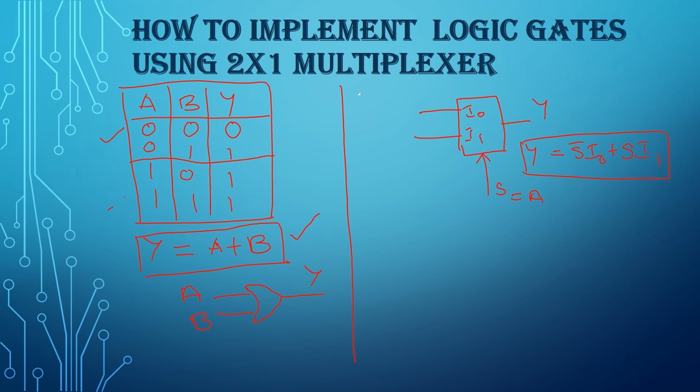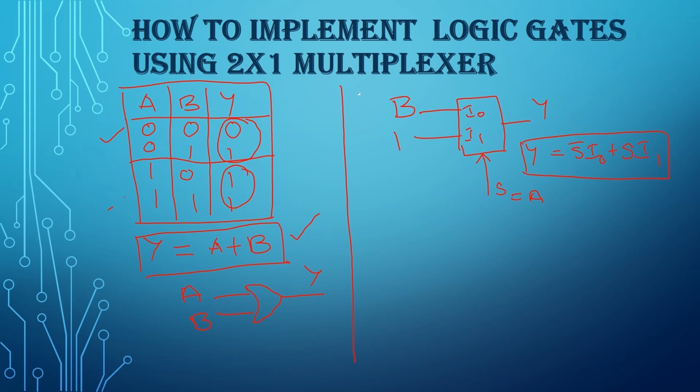When A is equal to 0, the output is the same as input B, so I am giving B to the input I0. When A is equal to 1, the output is also 1, so here I am giving logic 1 to input I1.